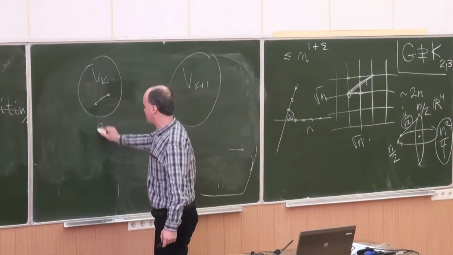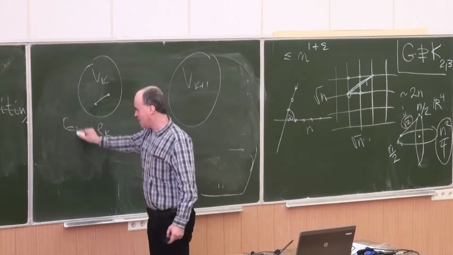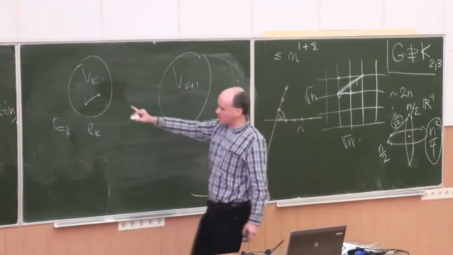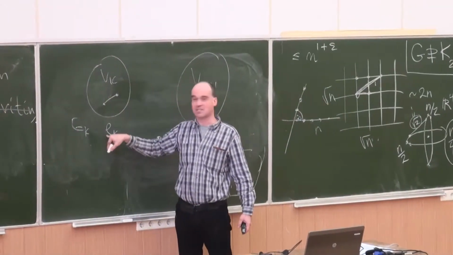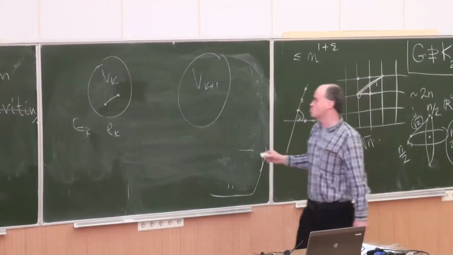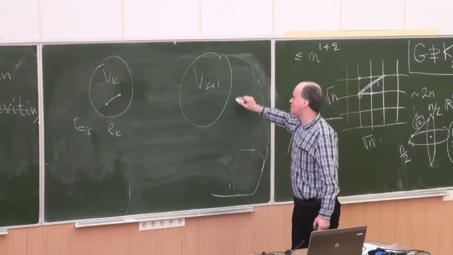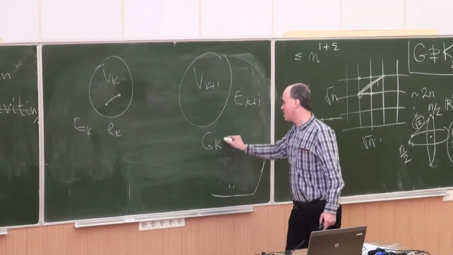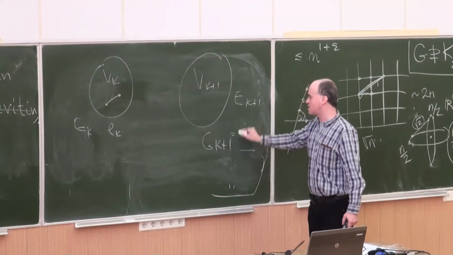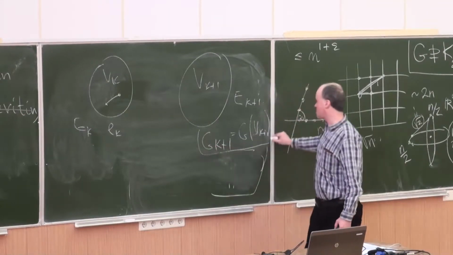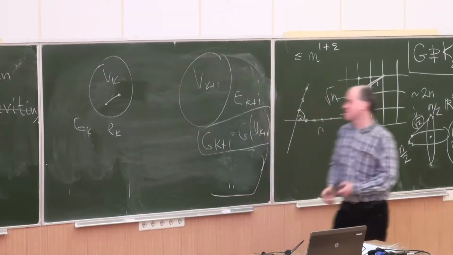Let E_{k+1} large and small denote the set of all edges between these vertices and their number respectively. And here the set of edges is E_{k+1} and G_{k+1} is the induced subgraph on this set. We shall investigate this subgraph.